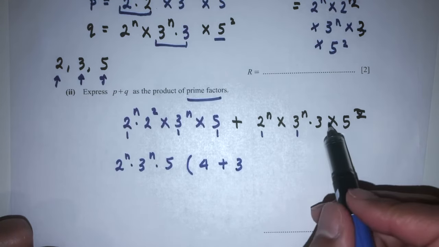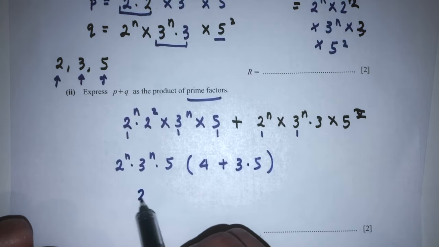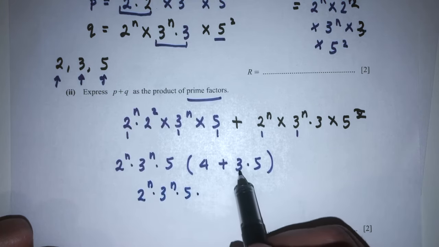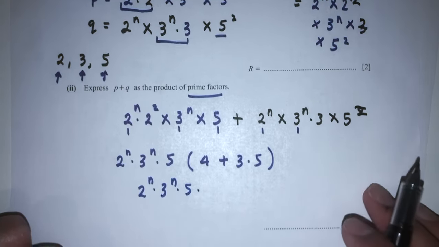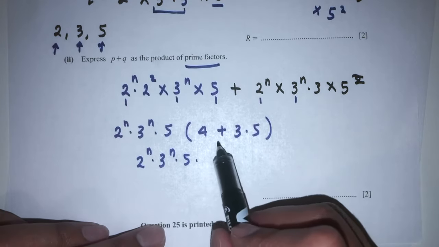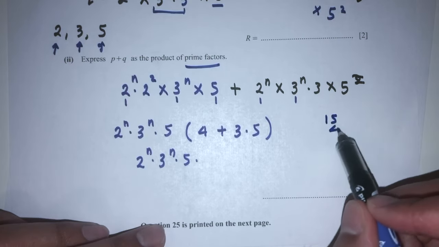Then we have times 5. That will be 2 power n, 3 power n, 5, and then this will be 15 plus 4, which is what? 15 plus 4 is 19.